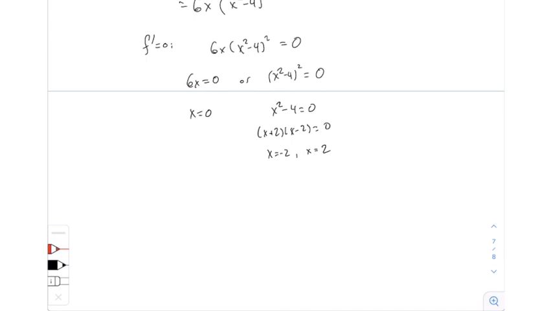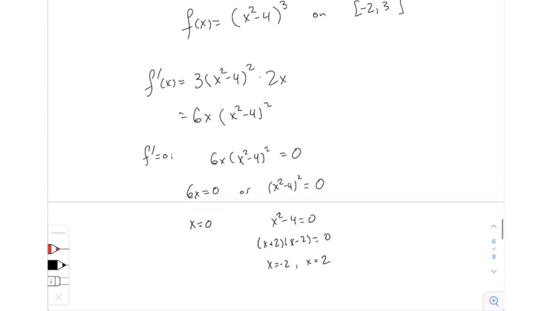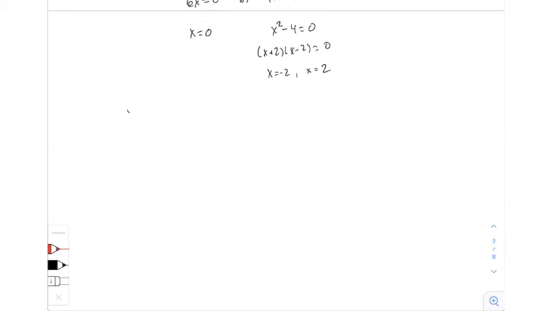So those are the 3 values I'm going to plug in, and then we also have to plug in the interval endpoints. In this case, the interval was minus 2 to 3. Just by coincidence, one of the critical numbers is also the same as one of the endpoints. It doesn't matter. So I'm going to plug in f of 0, that was a critical number, f of minus 2, f of 2, and also f of 3. These are all the things you've got to plug in.